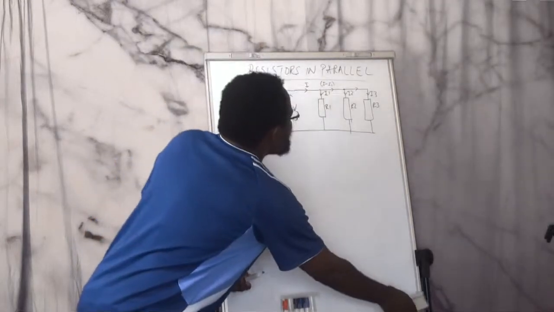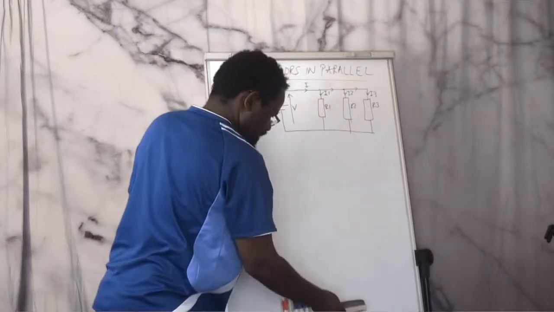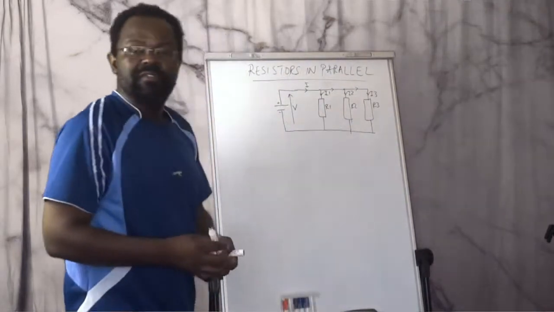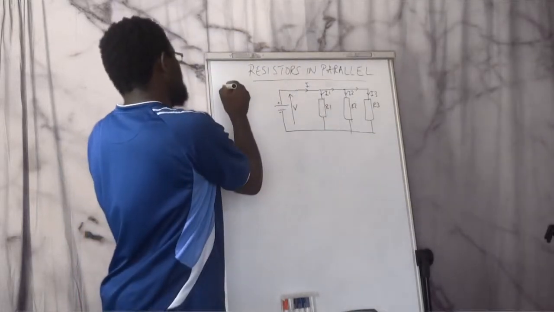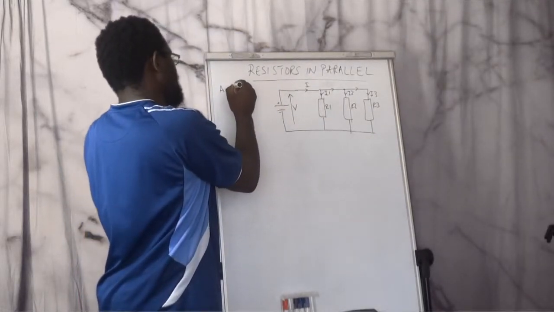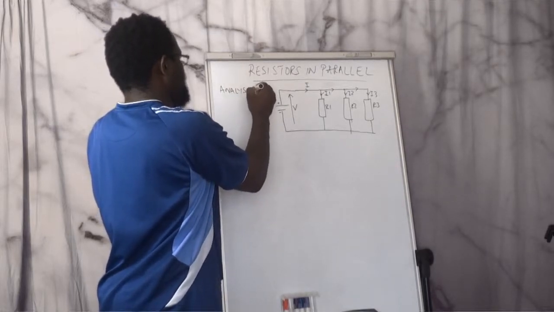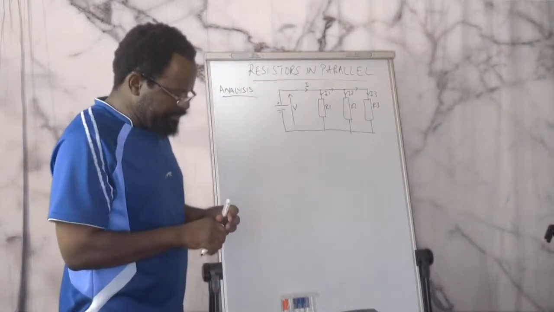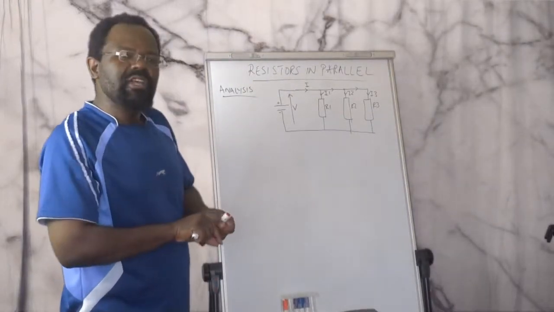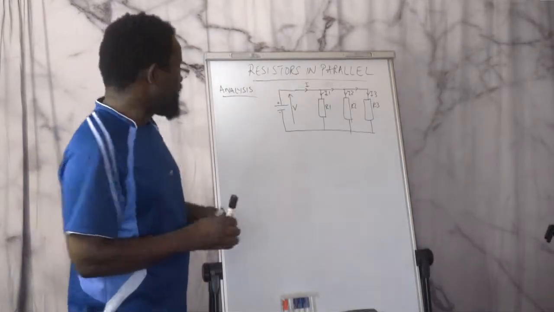It's good to know it, of course, but for the purposes of this analysis, we want to analyze this circuit. To analyze this circuit, you actually have to account for the current.